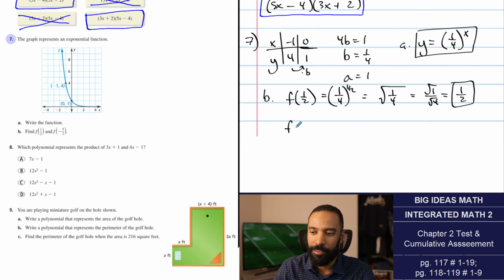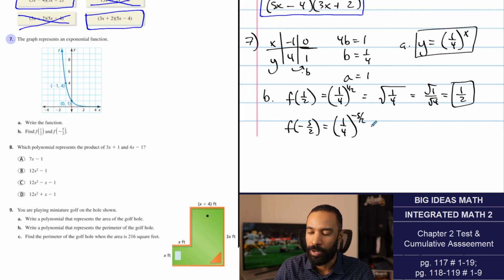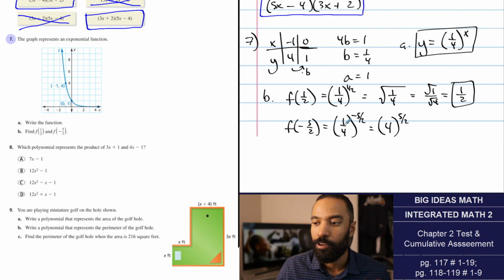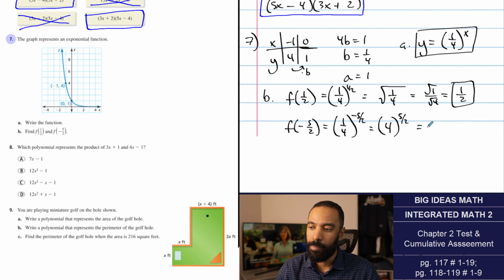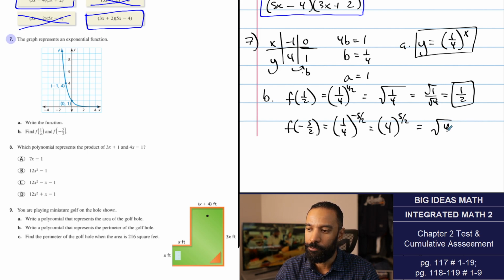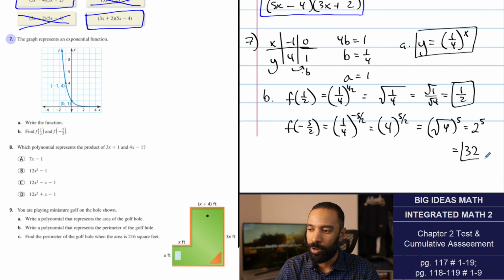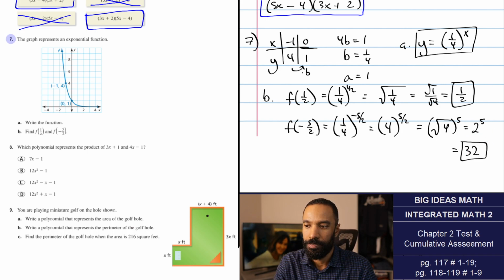F of negative 5/2 is going to give us 1/4 to the negative 5/2 power, which also is positive 4 over 1, or 4 to the positive 5/2 power. I should have said positive 4 over 1. We flip it to the positive 5/2 power. Now that means we take the square root of 4 and raise it to the 5th power. The square root of 4 is 2, and 2 to the 5th power is 32.